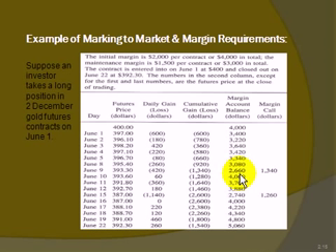Initial margin was $4,000. To make $4,000, you have to put in 1,340. Now this is variation margin. If you put in this 1,340, it becomes $4,000, which is the level of initial margin.